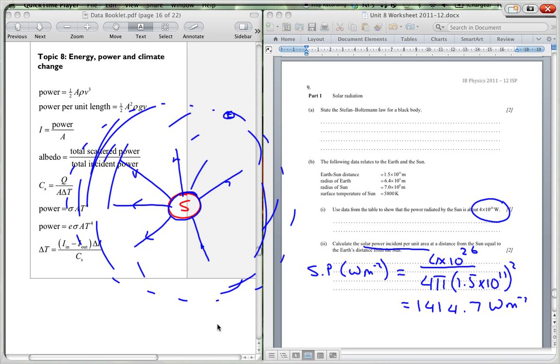So that's what I get. Now, as you can see, I'm to two significant figures, so I can write that as 1400 watts per meter squared as my final answer there.